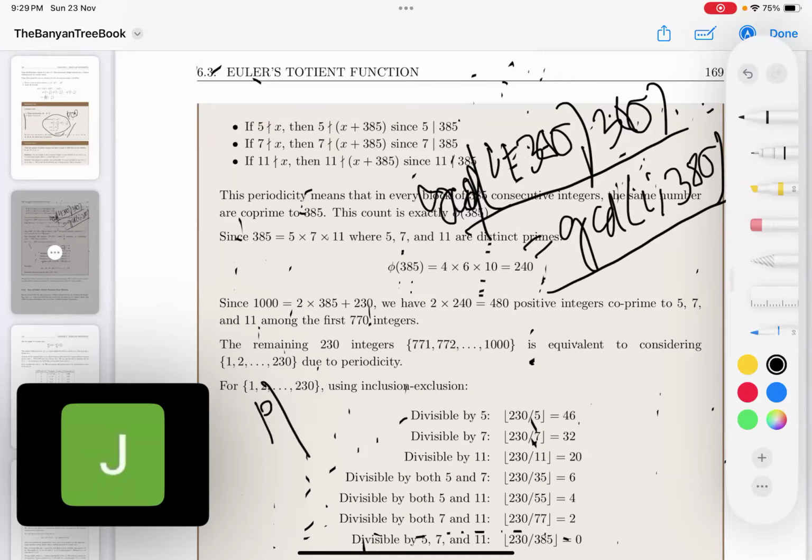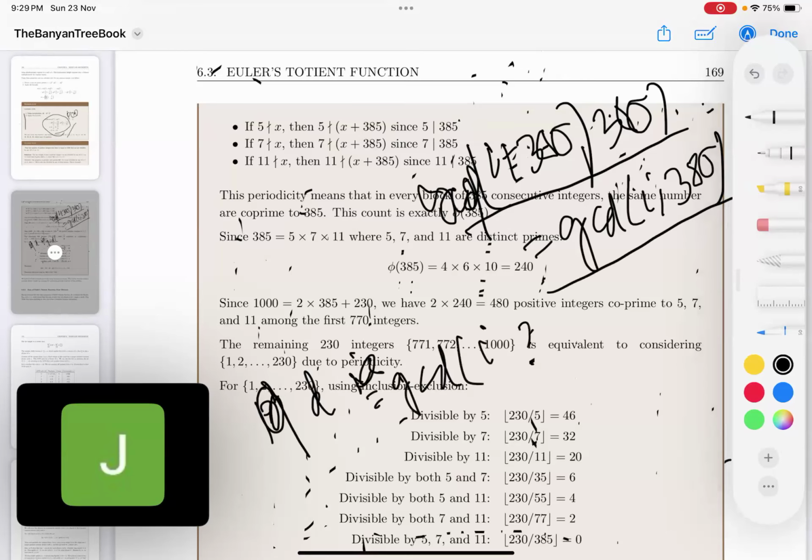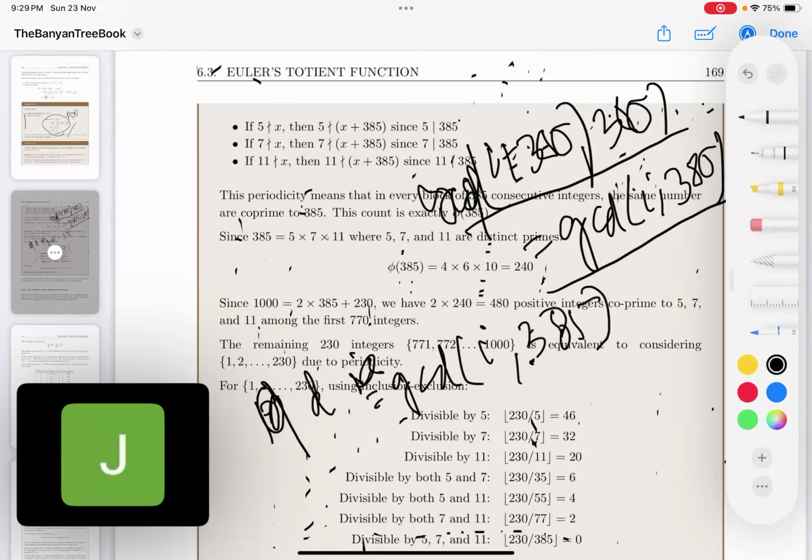Let's assume D is the GCD of I and 385. Let's assume D is not the GCD of I plus 385, comma 385.